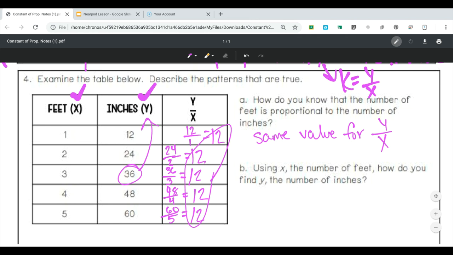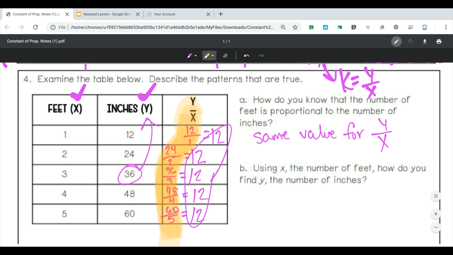Okay? Using x, the number of feet, how do you find y, the number of inches? Okay? So here was technically division, right? Here was all division. Fraction is division, yes?